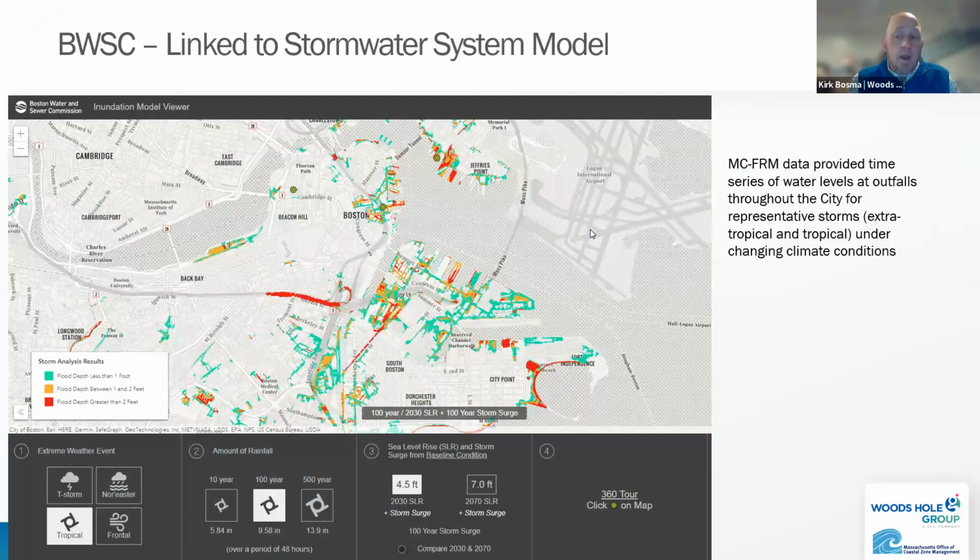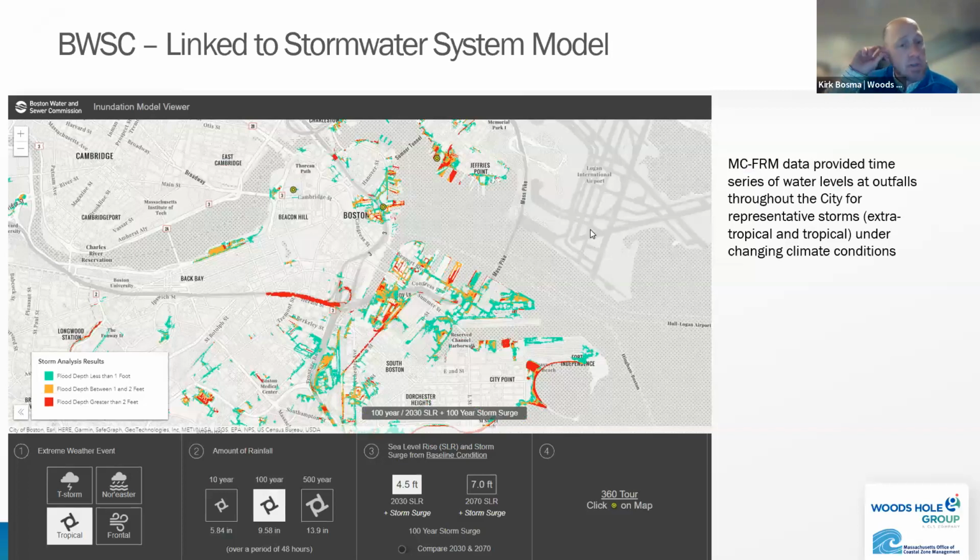They requested representative storms, water surface elevation time series of those storm events that they could put in as their tailwater conditions for present day going forward, say for a 1% AEP event to a 10% AEP event.